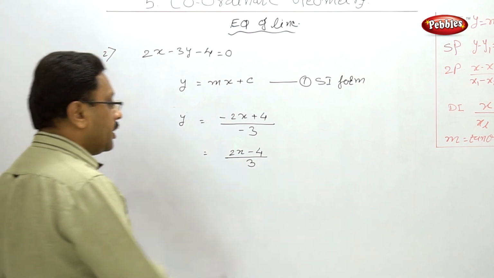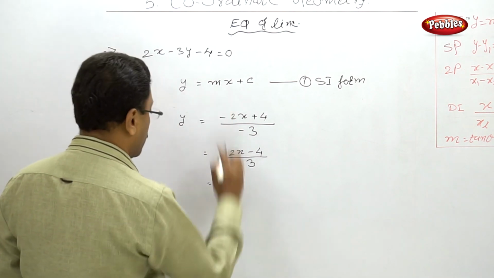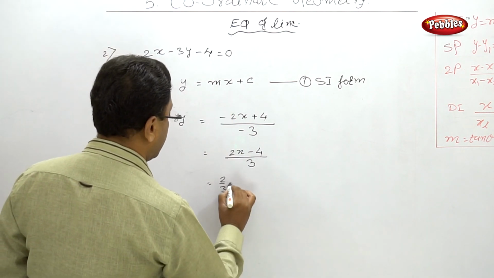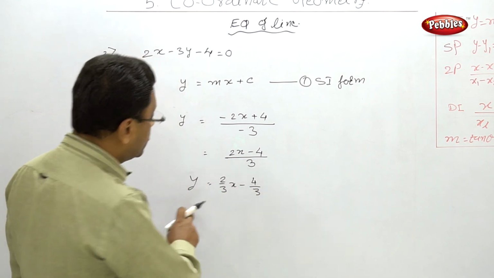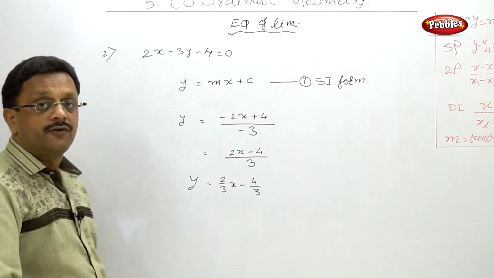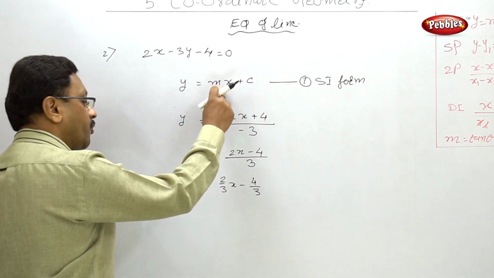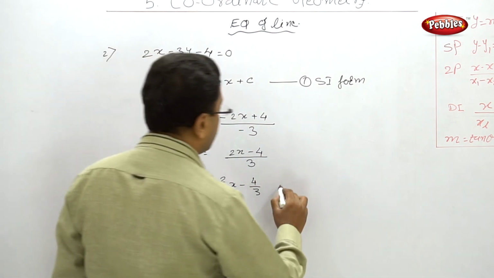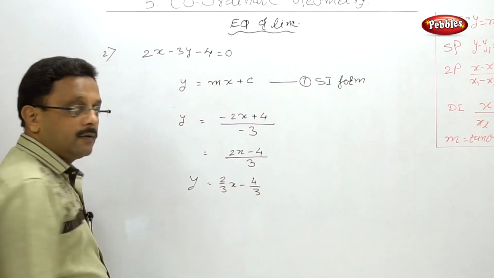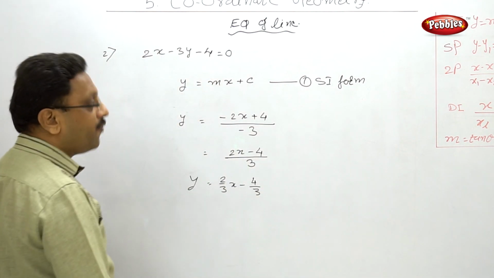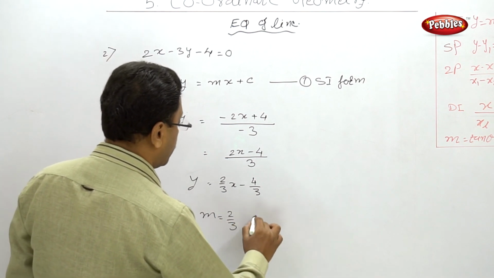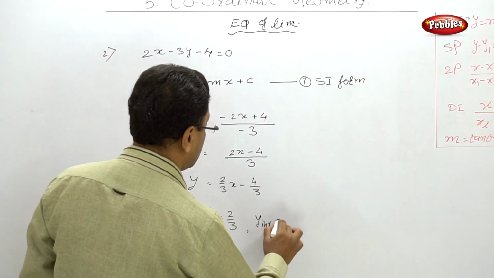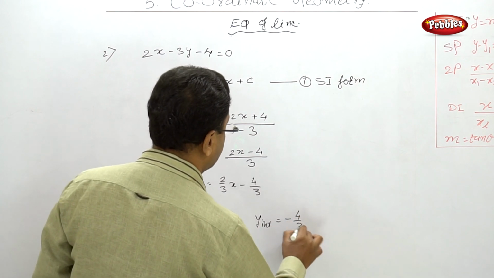So now let us write in this form, that is 2 by 3 x minus 4 upon 3. So now this equation has been rearranged in this form, and comparing with the slope intercept form, m is equal to 2 upon 3 and y-intercept is equal to minus 4 by 3.